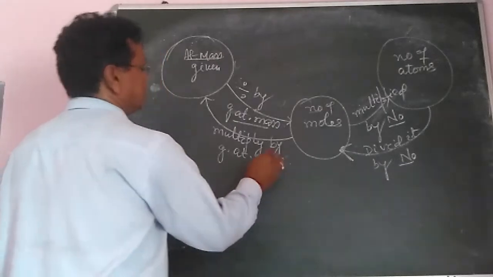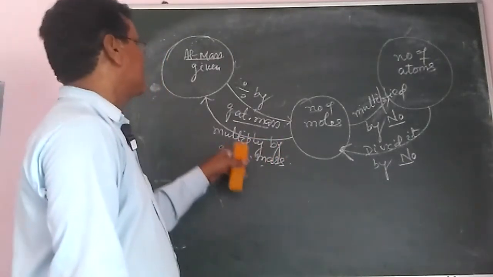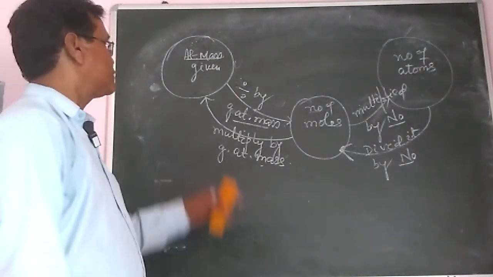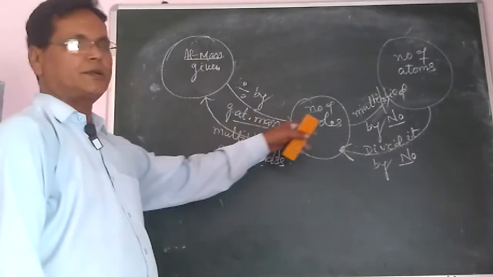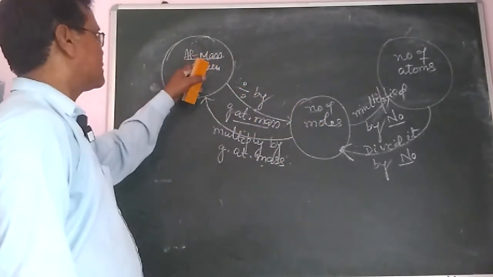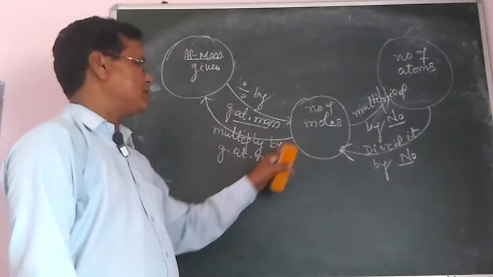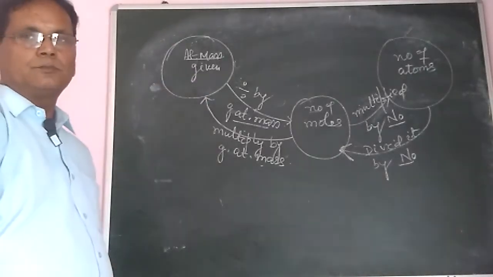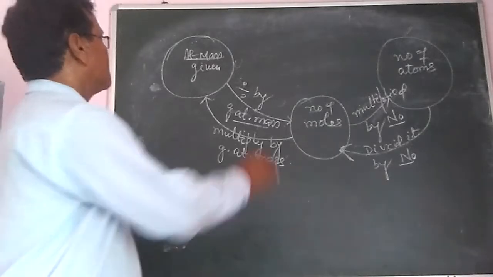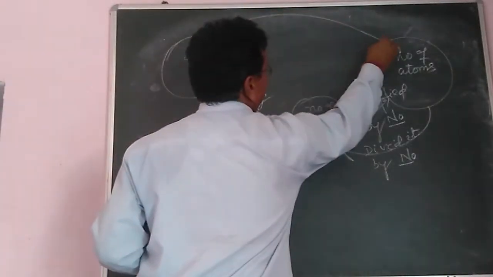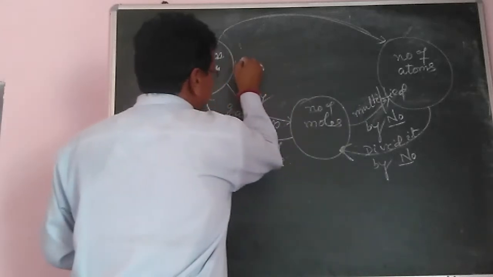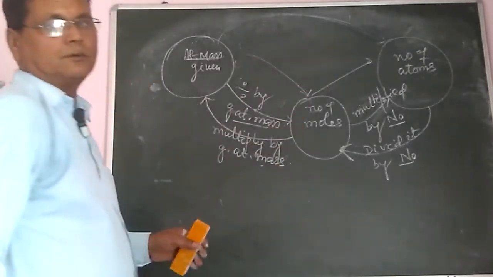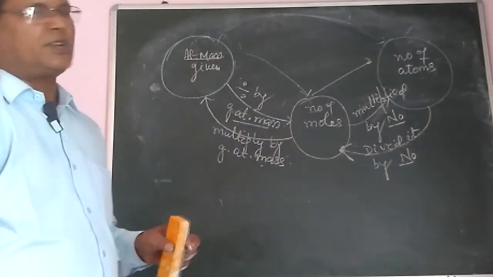Because given atomic mass divided by molar mass is equal to moles, the atomic mass would be gram atomic mass into number of moles. If you want to go from atomic mass to number of atoms, you proceed step by step like this, and you can solve all types of sums related to it.